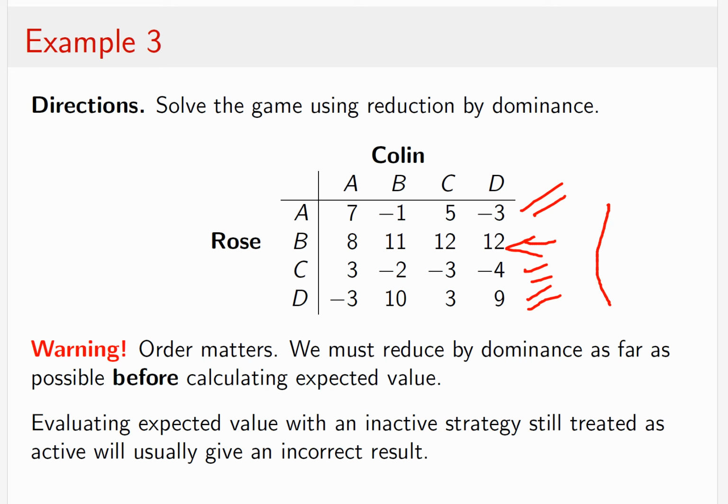Why? Because Rose's optimal strategy mixture is going to be 0% of the time play A, 100% of the time play B, 0% of the time play C and D. So where I have zeros in the strategy mixture, those are inactive strategies. By the rational play principle, Rose is ignoring those strategies as if they didn't exist. And if I include an inactive strategy in my expected value calculations, I will make a mistake, almost certainly.